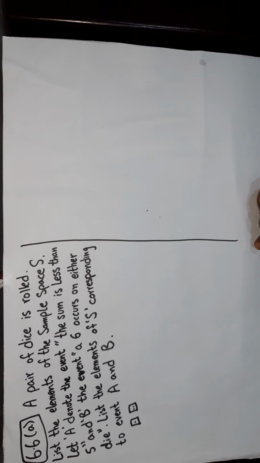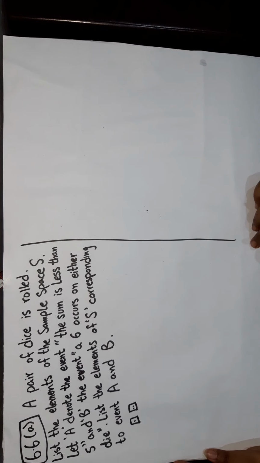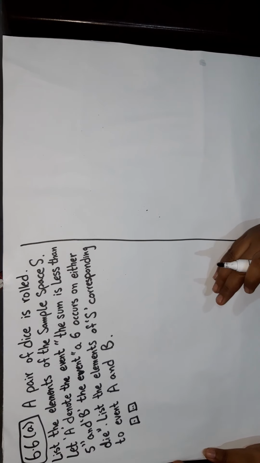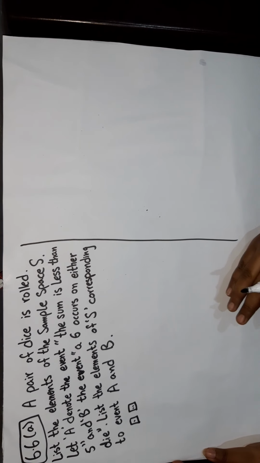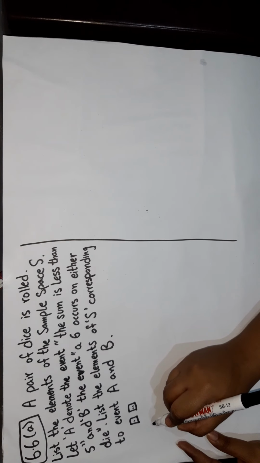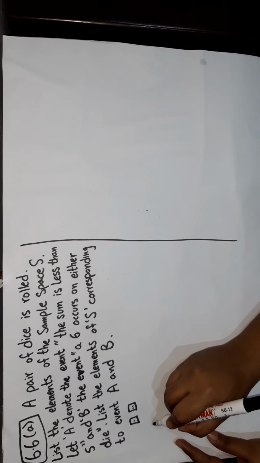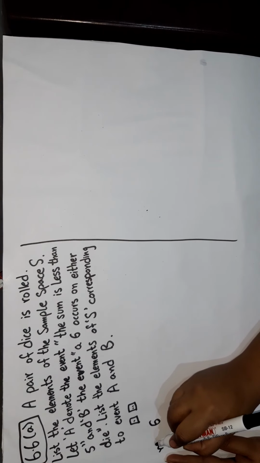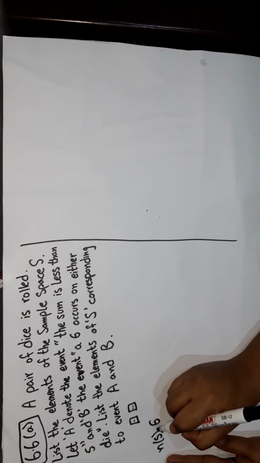First of all, we need to know how many outcomes will be in the sample space. The experiment is a pair of dice. How many outcomes are in one die?